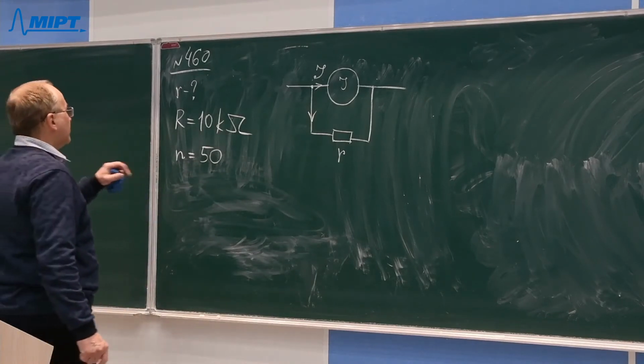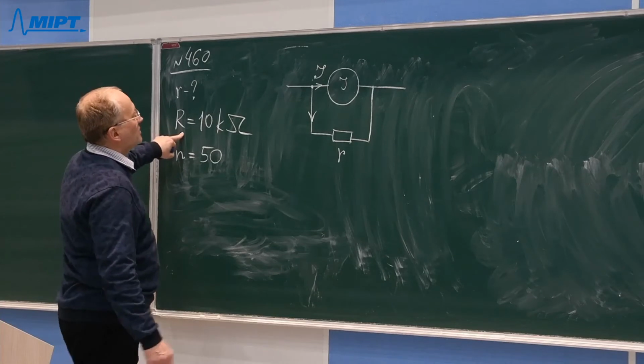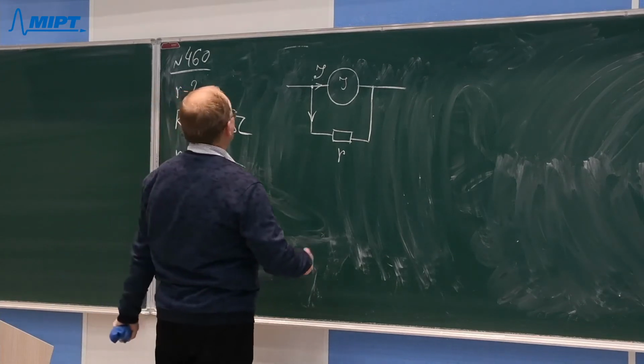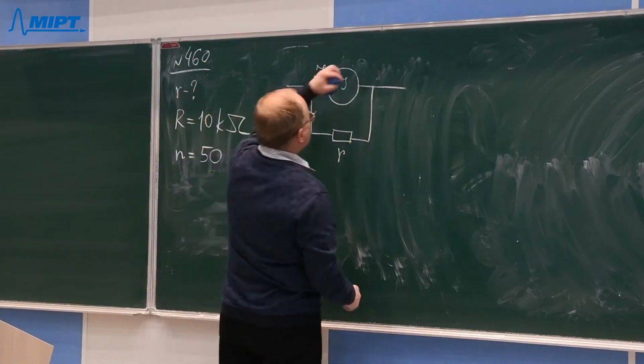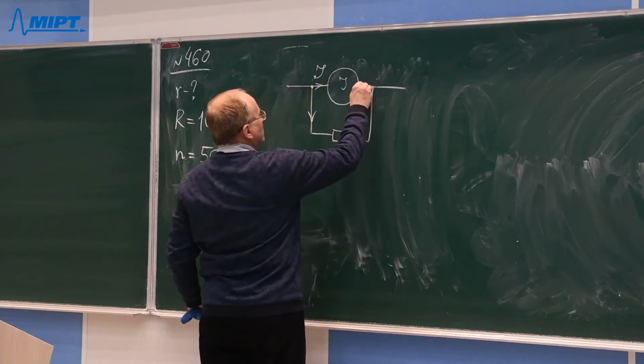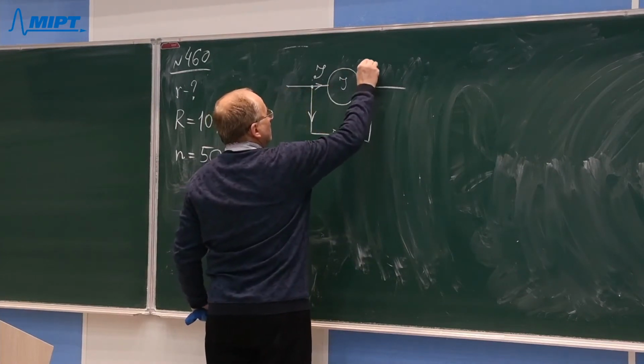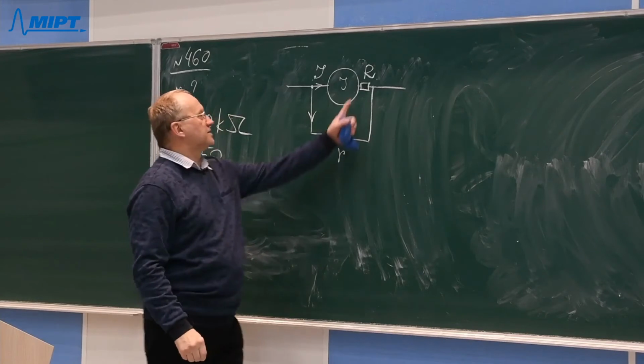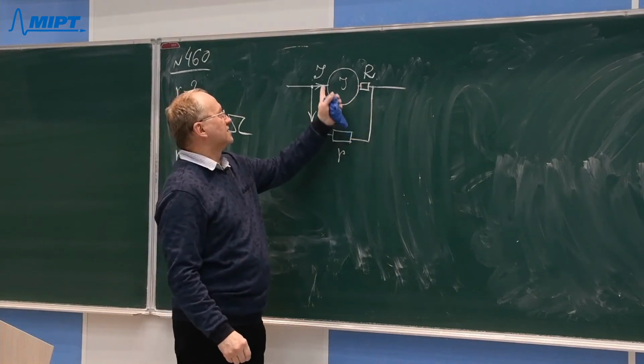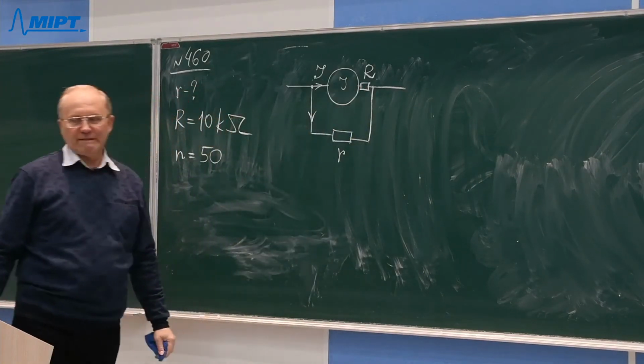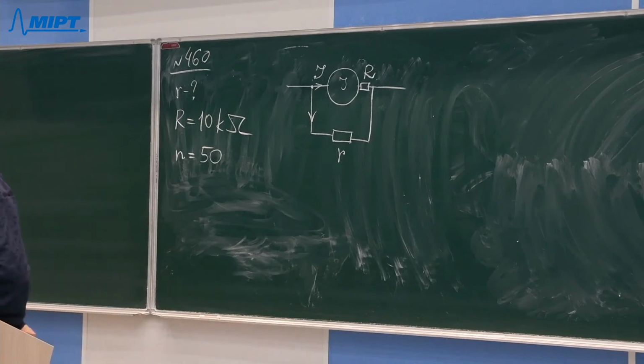We know that the internal resistance of the galvanometer is given, it's 10 kiloohms, so we may imagine this like an internal resistance. This is the internal resistance inside this device, the resistance of its internal circuit.